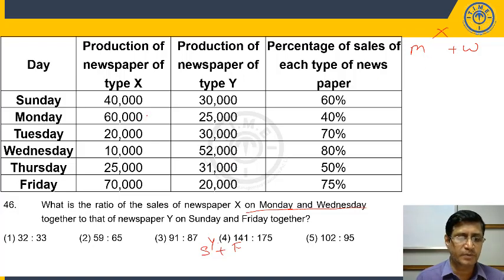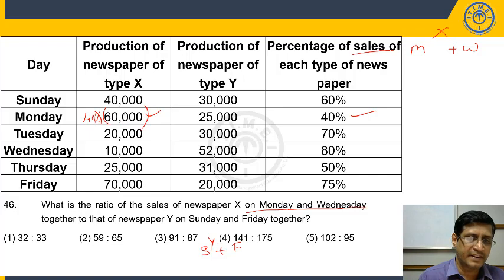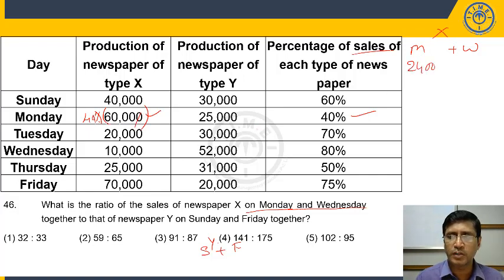It is 60,000. So how many papers were sold? The percentage of sales is given here, that is 40%. So how much is 40% of 60,000? So percentage and zeros we can cancel. The result is 24,000.